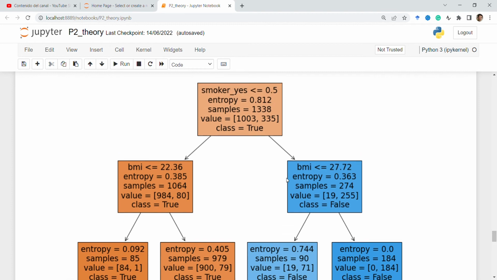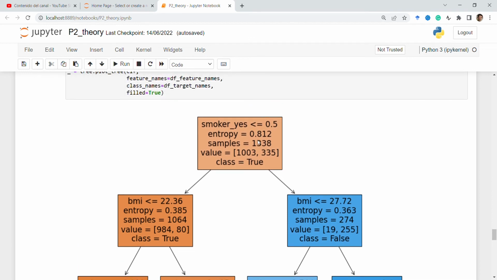Here we have the composition of those data. So we have in total 1,300 people. Out of these 1,300 people, 1,000 have the low value, so they are in the lower quarters, and 300 are in the upper quarters.